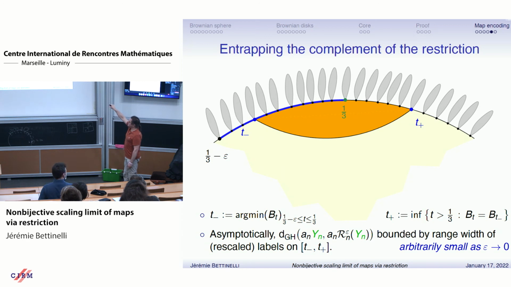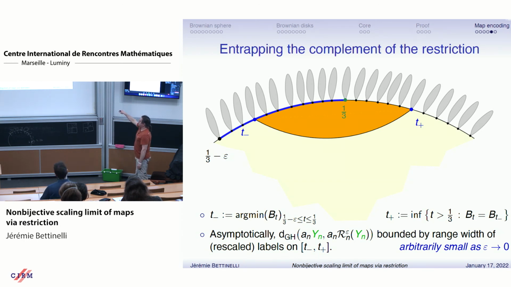So in the limit, it will be the argmin of my Brownian bridge. The labels on the boundary here at the limit make up my Brownian bridge B. So this is the argmin of my bridge. And this here is the first time after a third where the value of the bridge is the same as at this point.